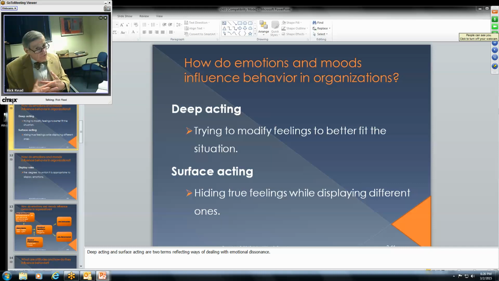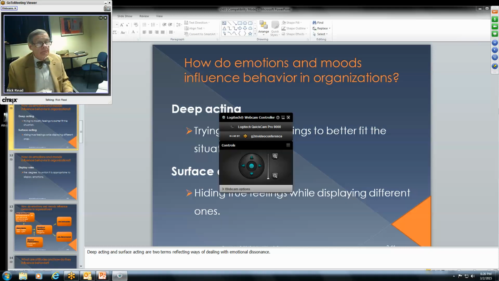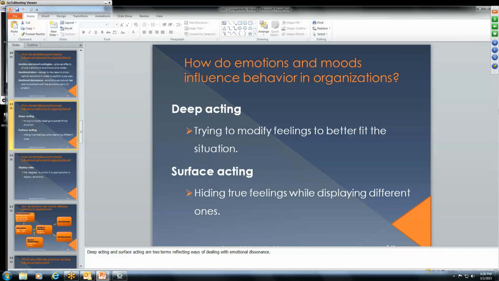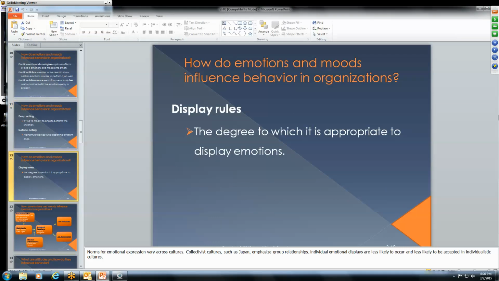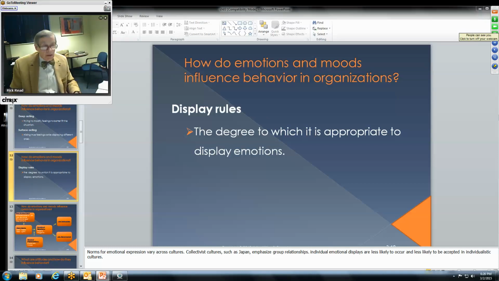Display rules. Now, I think we can talk about this a little bit, and I'm not sure that I have a good answer to this. Whether or not it's right to display our emotions.